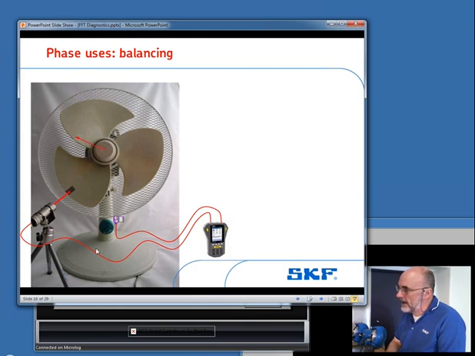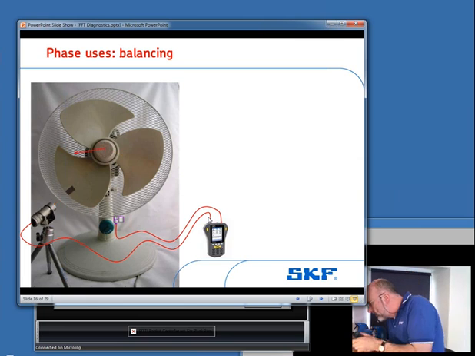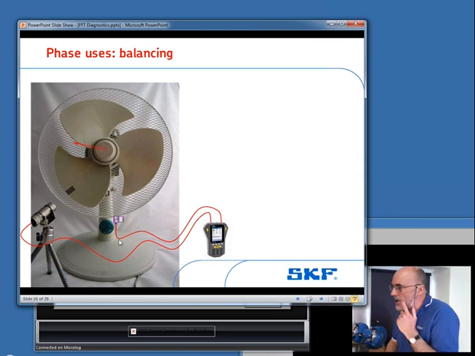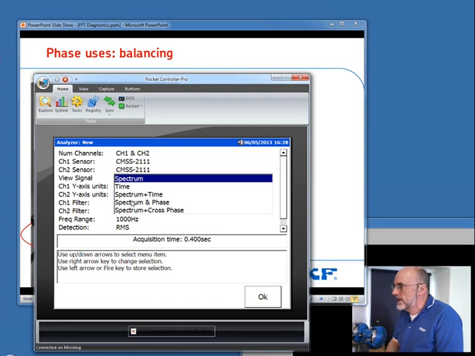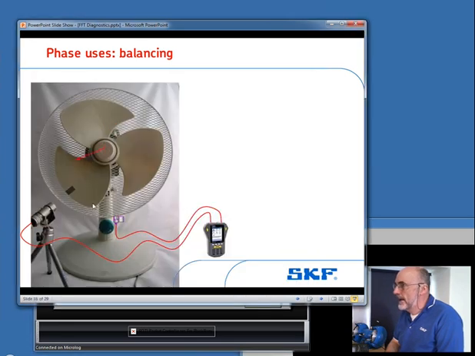The laser tack would go to the socket marked trigger, and the accelerometer would go into channel 1. So if it says spectrum and phase, you're expected to put in a tachometer, a laser tack.